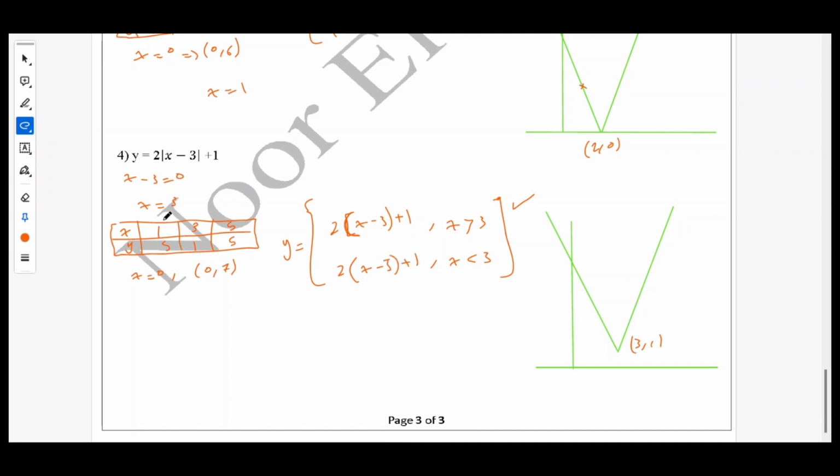I'm going to use x equal 1. 1 minus 3, negative 2. Negative 2 by 2, negative 4. Negative 4 plus 1 gives me negative 3.